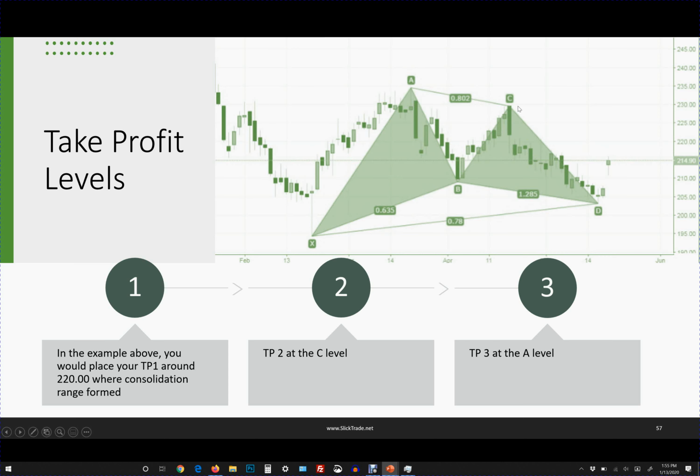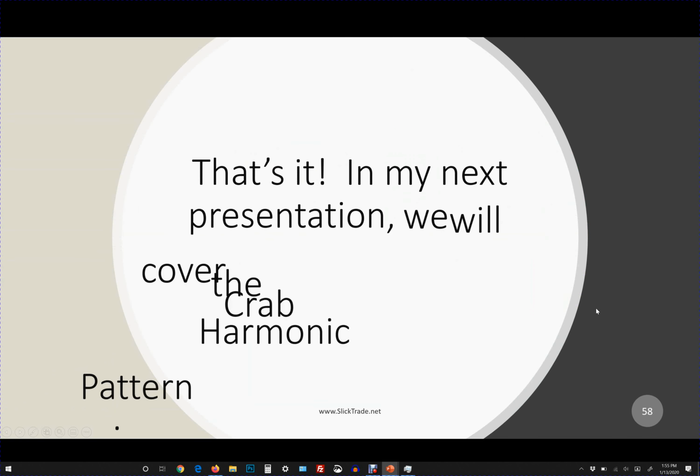Take profit 2, I would set at the C level, or 230. And take profit 3 at the A level, which isn't much further, but it is almost up to 235. Once you get up to this point, I'd recommend trailing your stop to get the maximum pip potential.